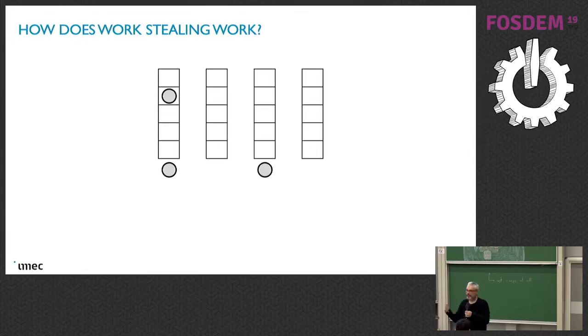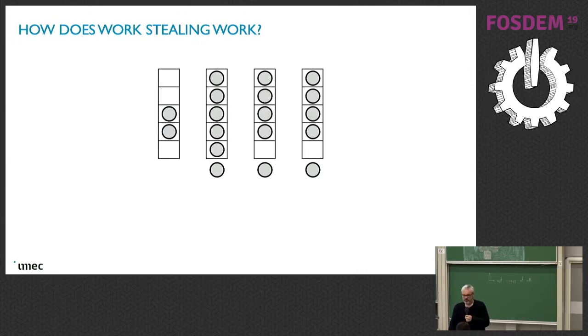In the next step, the original core creates another task, and some other core randomly gets that task by stealing it from the first core, and so on. Once every core is busy, they just continue to work on their own tasks, creating new tasks, finishing other tasks, until one core may be empty, and then it just starts looking again.